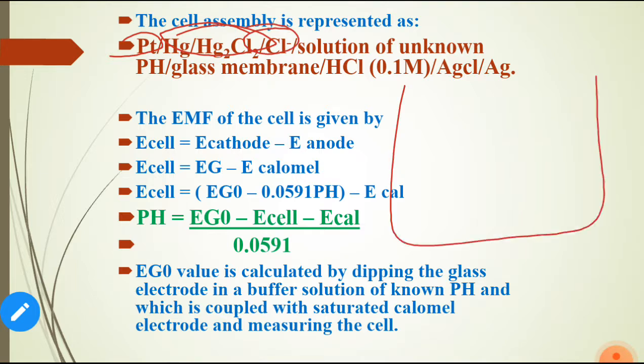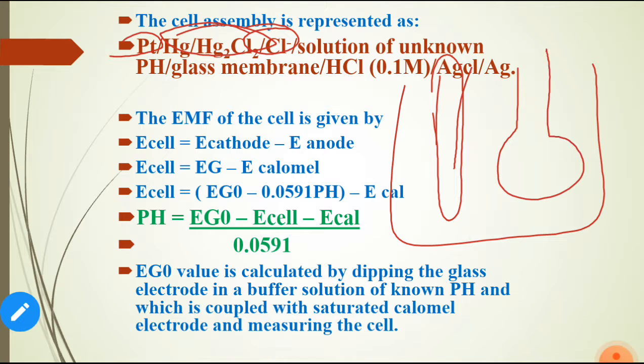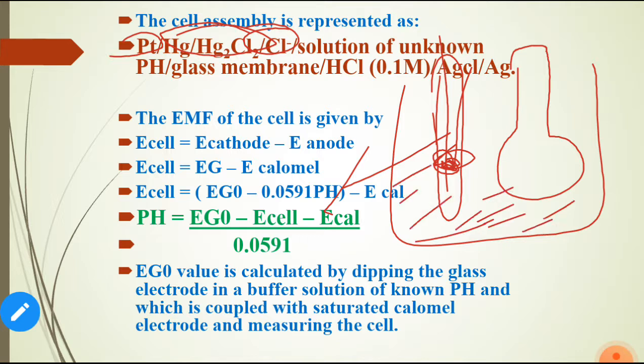Here we have taken two electrodes. This is the calomel electrode, this is the glass electrode. In the calomel electrode we put the platinum wire, and mercury and mercurous chloride are placed. Then here is the unknown solution of pH.